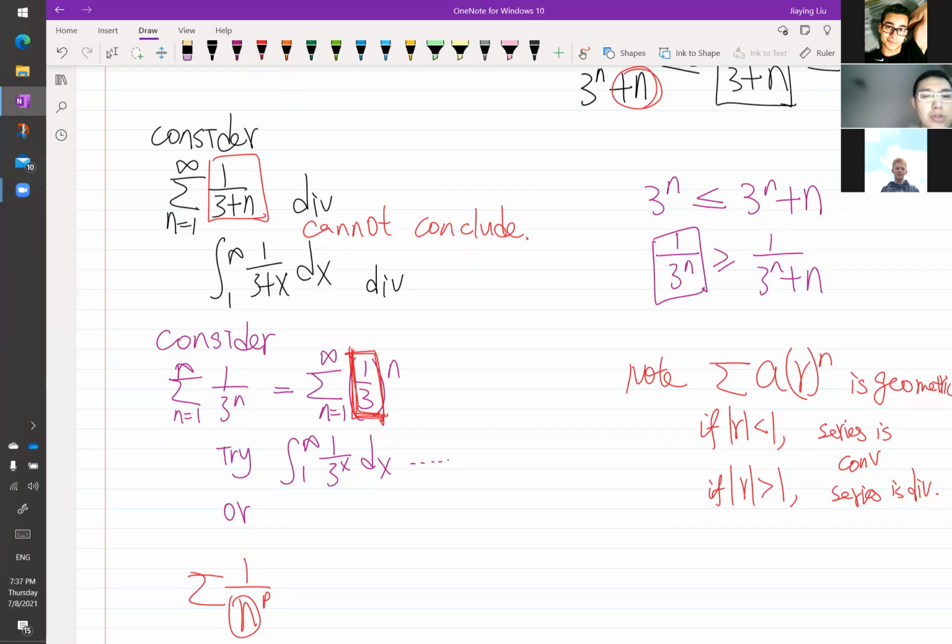If it's n to the cube, you could, but not here. So by just looking at it, I know it's a geometric series because it's like a r to the n, with r equals 1/3, which is less than 1. Therefore the series is convergent.